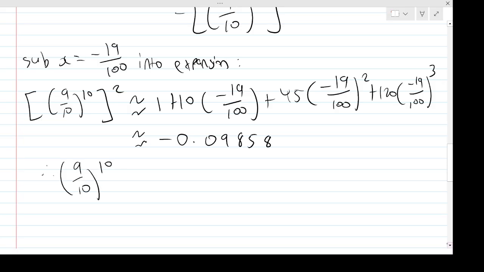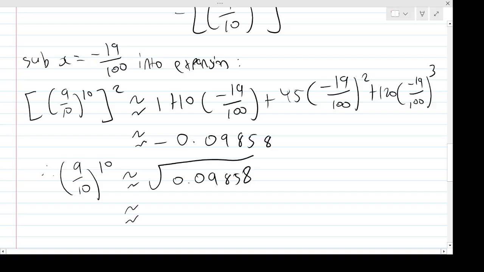But obviously we've got a negative, we can't square root it. In this case, I only need the actual number. I don't need the plus or minus, I don't need to care about the sign. So this is just going to be the root of 0.09858. If I put that in the calculator, 0.31397. There we are.